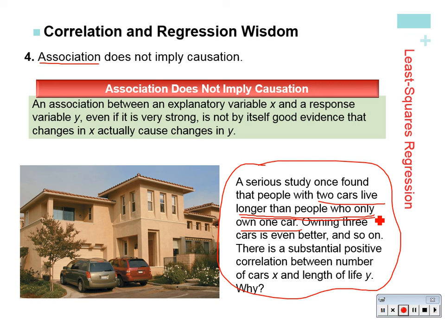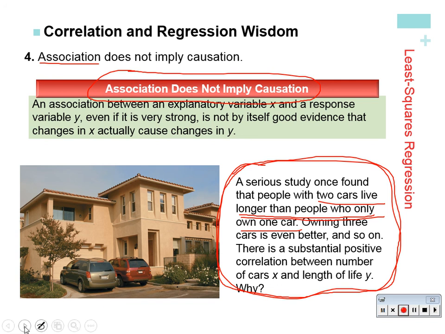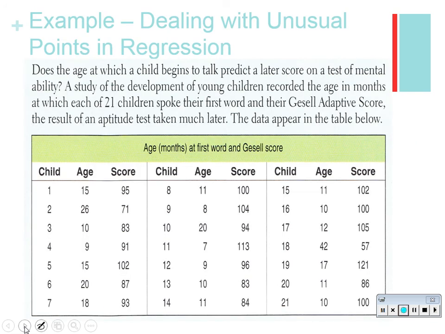For instance, somebody that owned multiple cars may be pretty well to do from a financial standpoint, and because of that, they can afford better medical care than somebody that has fewer cars. So one of the things you want to make sure you don't fall victim to when you're talking about data is that just because you have data that suggests something, that doesn't make it true. It just means that you have data that suggests there could be a relationship between two different variables.